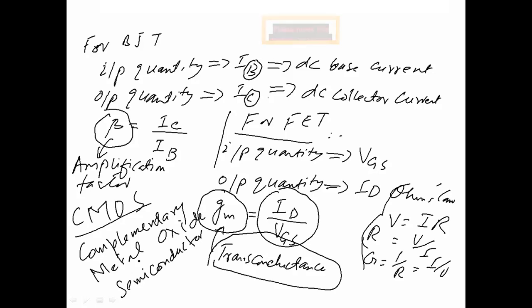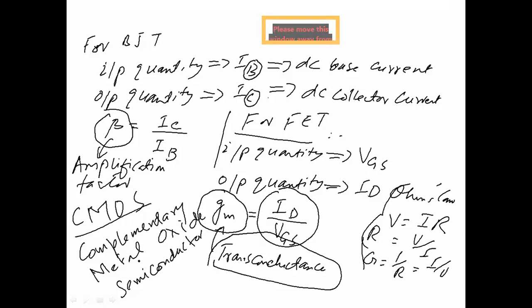So CMOS technology consists of both types of E-MOSFET, N-channel E-MOSFET and P-channel E-MOSFET. That is why they use the term complementary, just like NPN and PNP BJTs are the complement of each other.